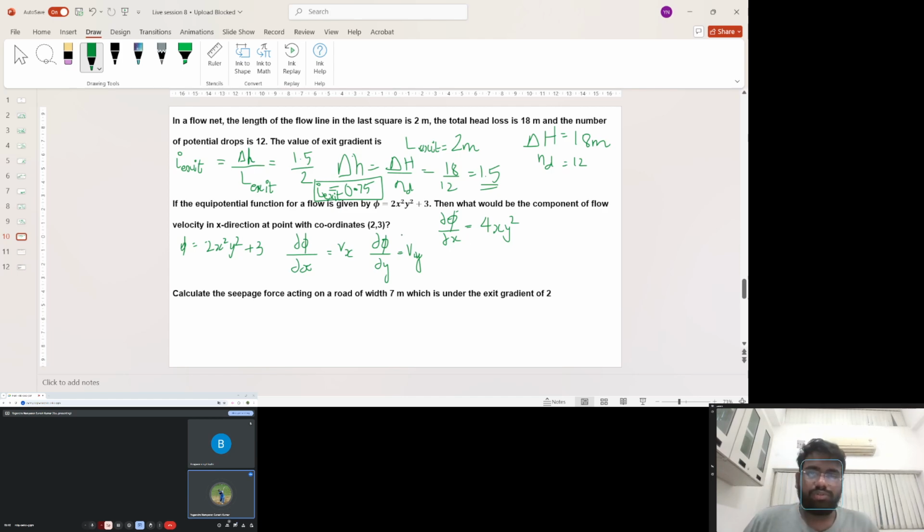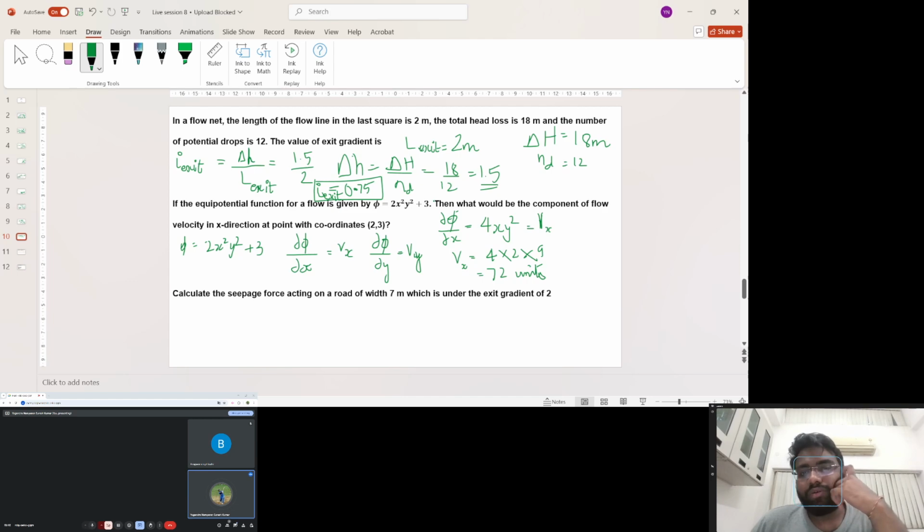So this is equal to Vx. Now you can substitute the coordinates in this equation to get the velocity component along the x-axis. So Vx will be 4 into 2 into 9, which is 72 units. Since unit has not been specified, we'll just write 72 units.